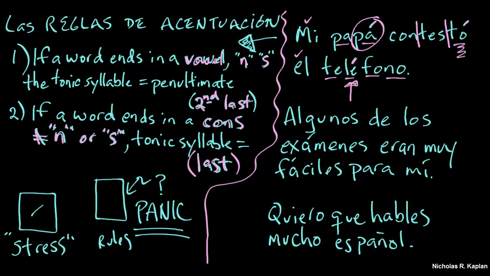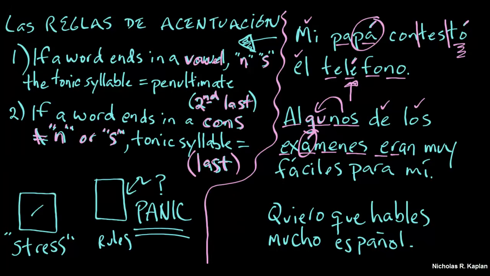All right, next one. Algunos de los exámenes eran muy fáciles para mí. Algunos. Ends in an S, so it's the second to the last. De los, we don't worry about. Is it exámenes, exámenes, exámenes, exámenes? Well, we see the written accent mark, which says, hey, look at me, here's the stress. Perfect.